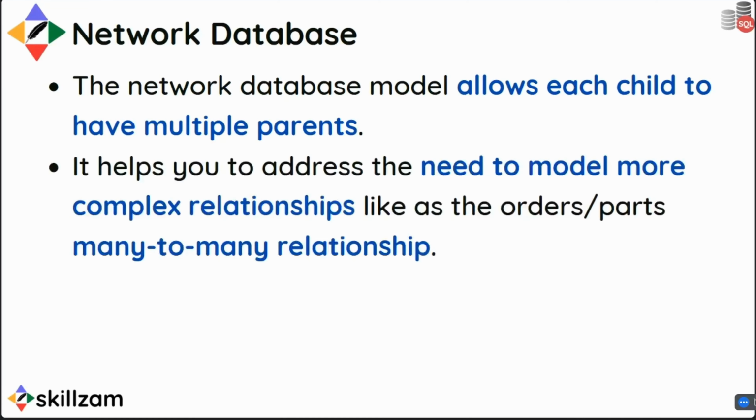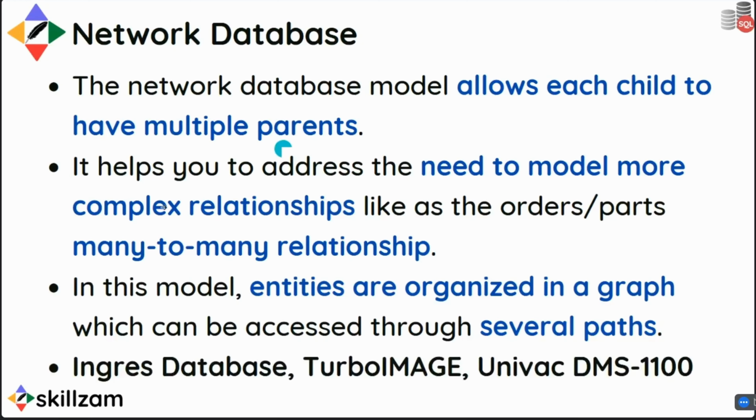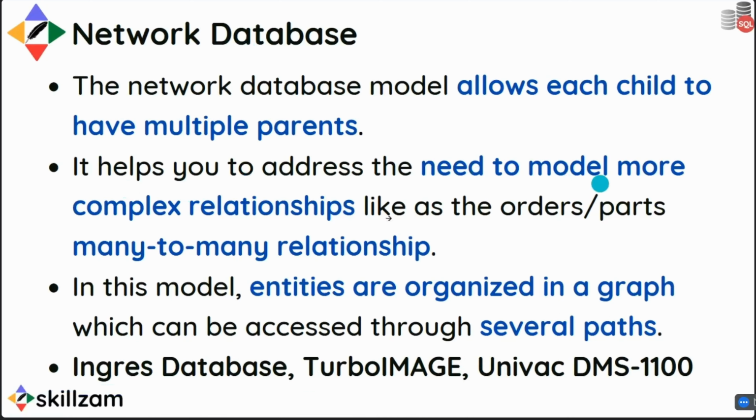All right. So now the best example for this is, if you see, Ingres database, Torbol image, UNIVAC DMS 1100. All these database management systems utilize the network database. Okay. So it helps to address the need to model more complex relationships, okay, many to many relationship, that is when you are going to use network database.